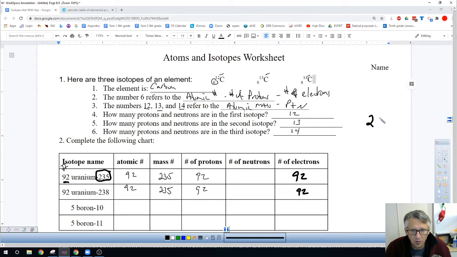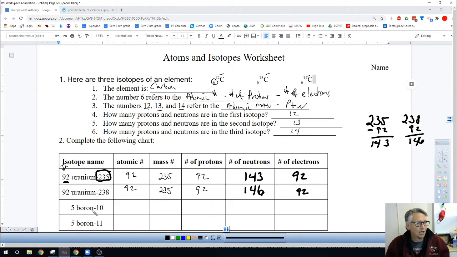So if we take 235 minus 92, that should give us 143 for that one. And if it's 238 minus 92, that should give us 146.